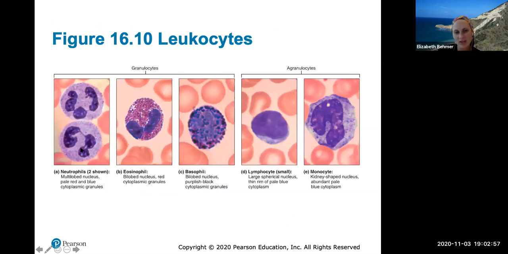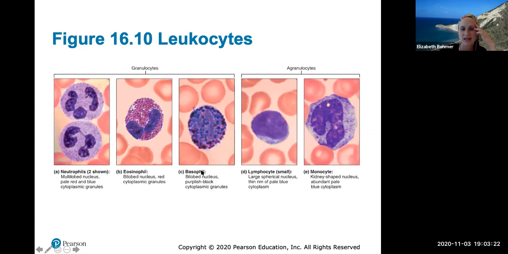And this is what they look like. The neutrophils have the multi-lobed nucleus. The eosinophil has a bilobed nucleus, and they usually stain certain colors because in making these microscopic slides, generally they use the same stain on the blood. So that's why they say red and blue cytoplasmic granules; that's due to the staining.